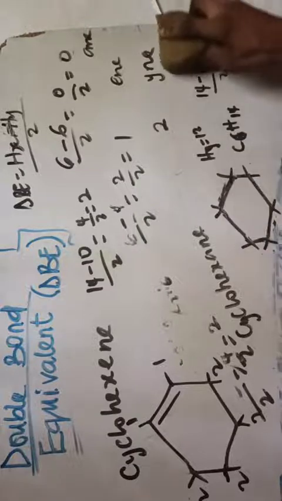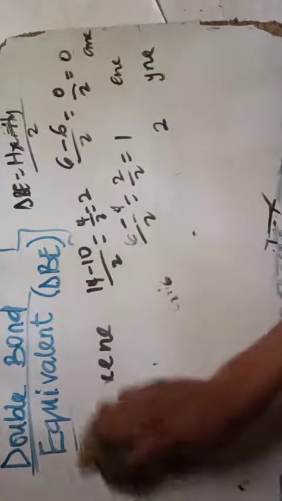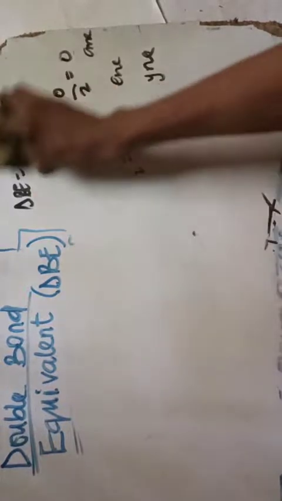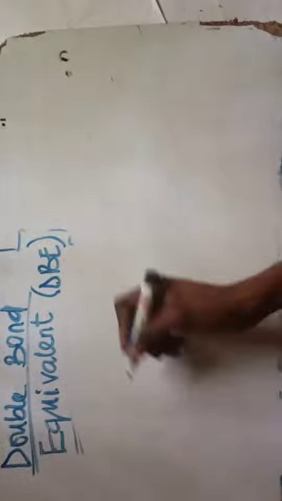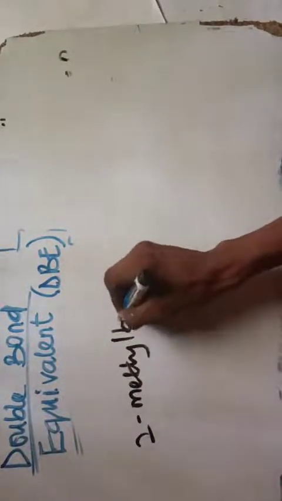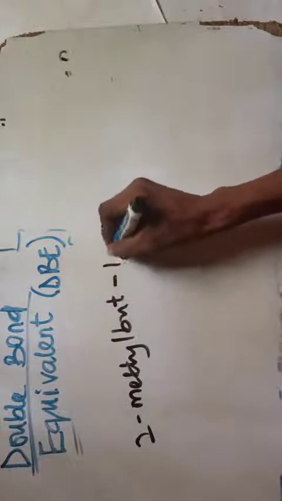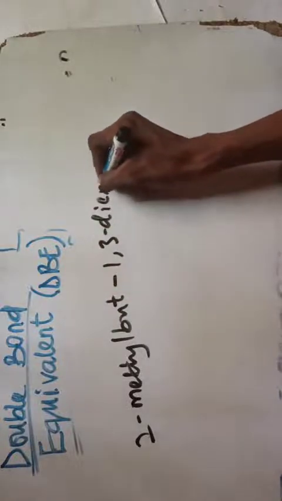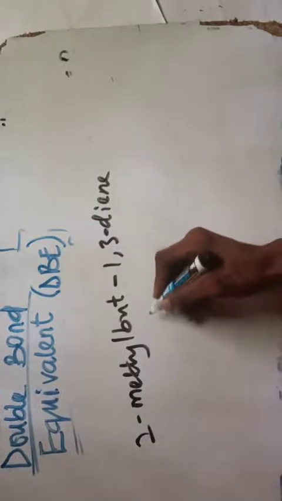Okay, so just the last example before we wrap up for the day is: determine the number of pi bonds and rings present in 2-methyl-buta-1,3-diene. In this case, the original form is just what?